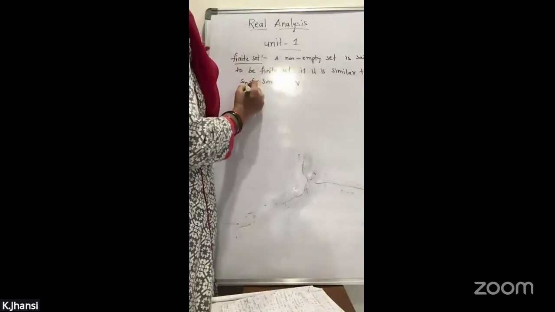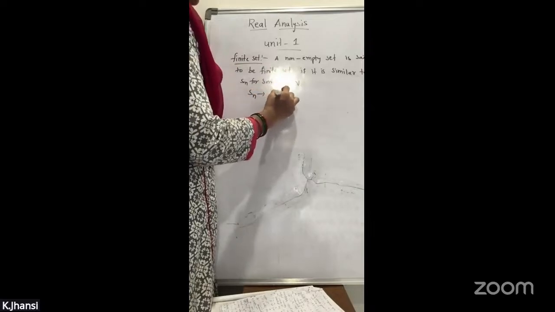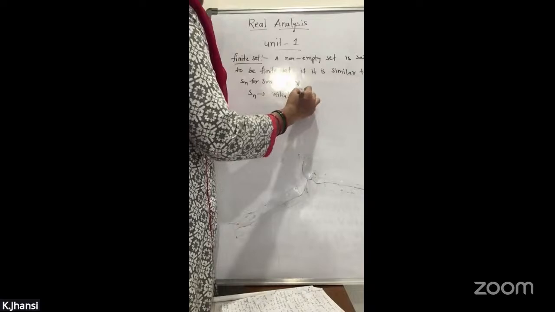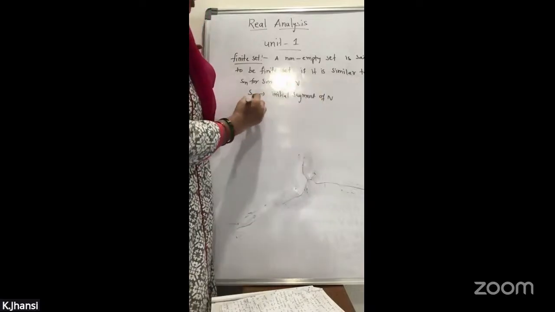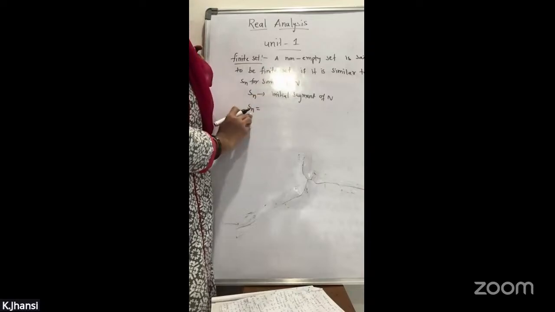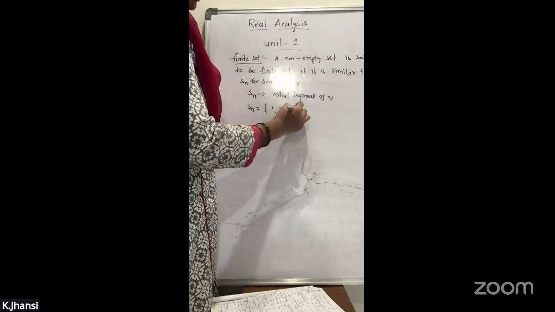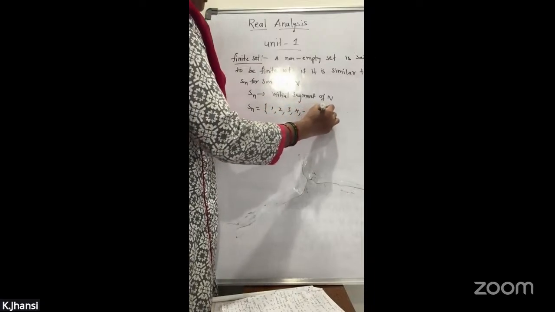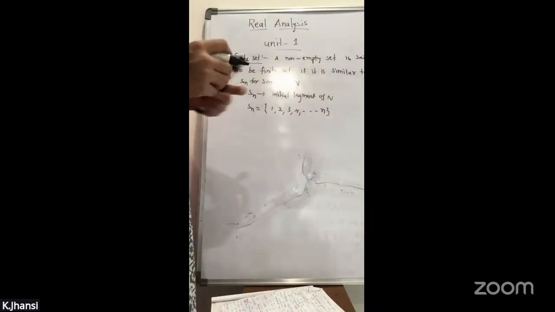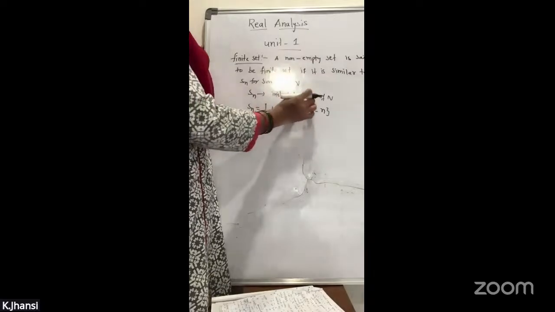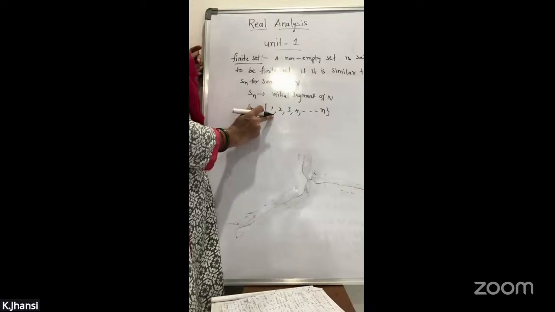You can write a finite set like this: Sn is the initial segment of N. We substitute n values: 1, 2, 3, 4, and so on up to n. Whatever numbers are there in the natural numbers, we write them like this.